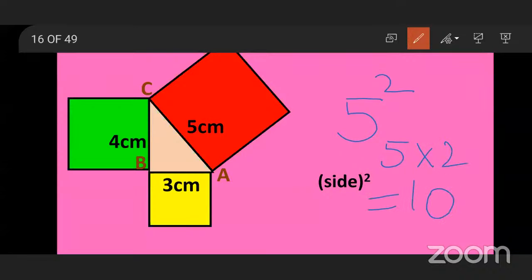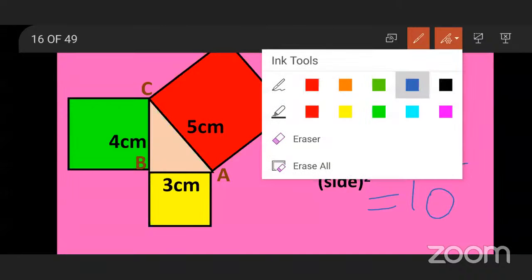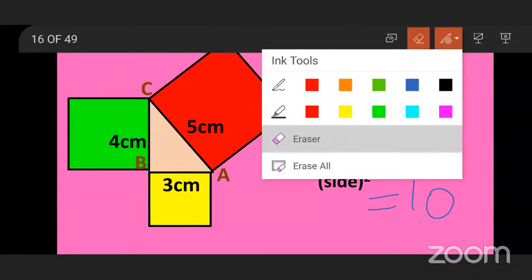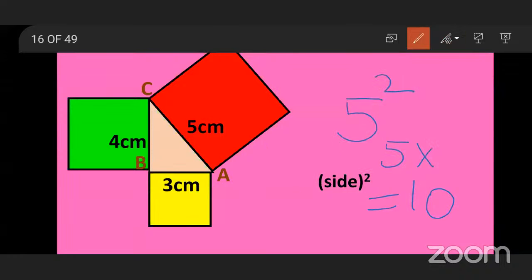So children, don't get confused between 5 square and 5 times 2. 5 square means 5 is coming 2 times, which means we will multiply 5 by 5, not 5 by 2. Okay. I hope the doubt is clear. Have you understood the difference between 5 square and 5 times 2? Yes, miss.